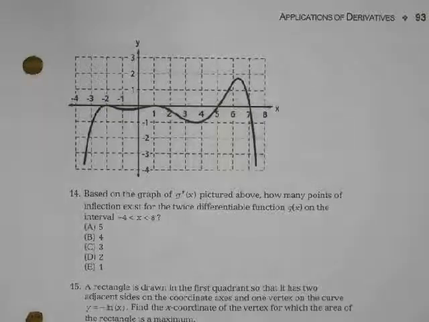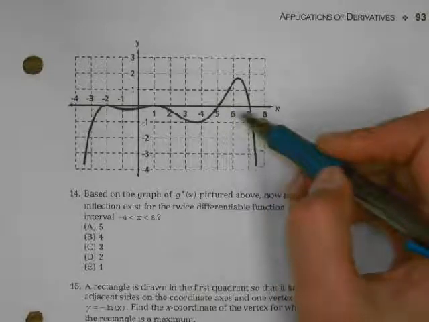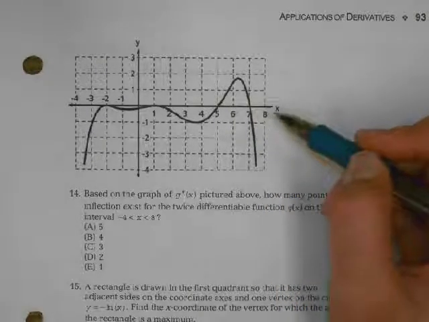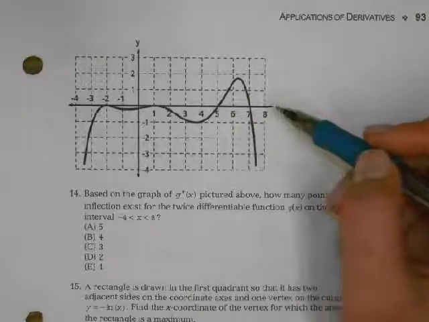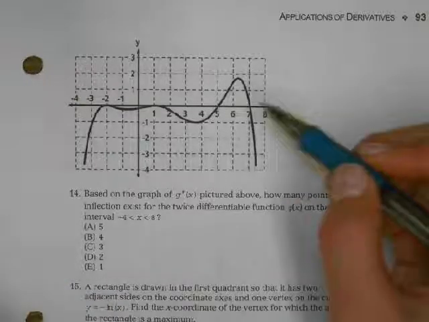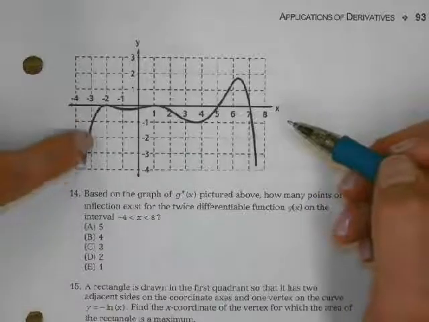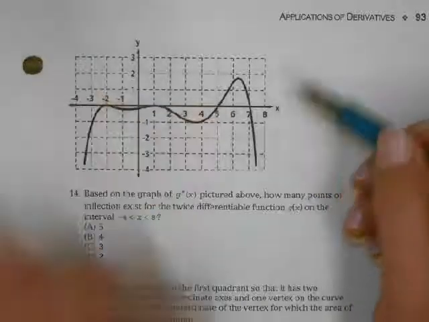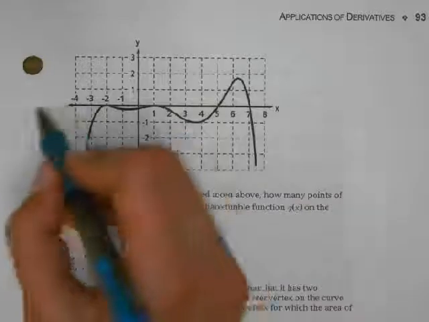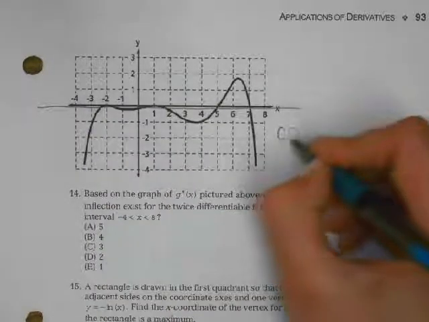All right, number 14. Based on the graph of the second derivative, how many points of inflection exist? If you remember what the graph of the second derivative is representing, anytime it is underneath the x-axis, that means the original graph was concave down.